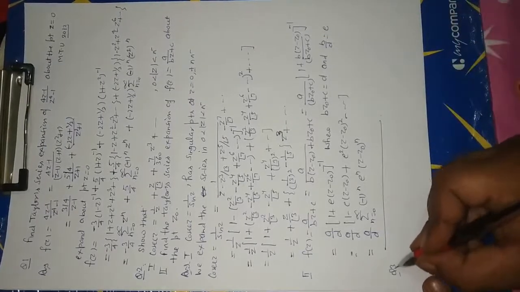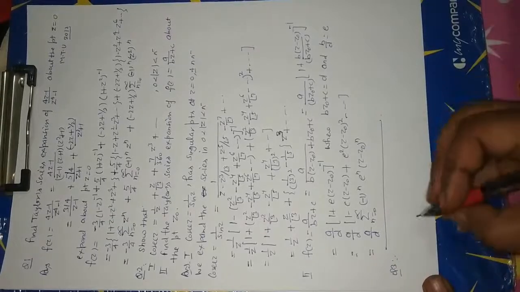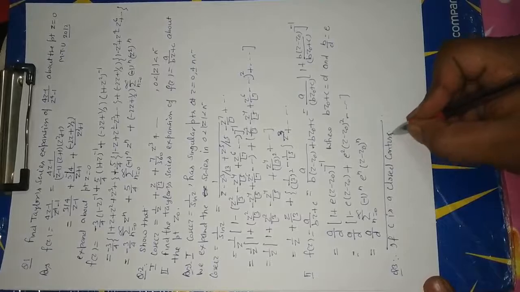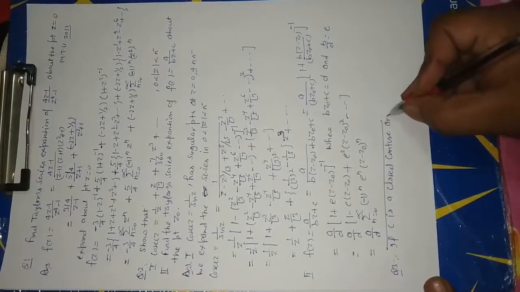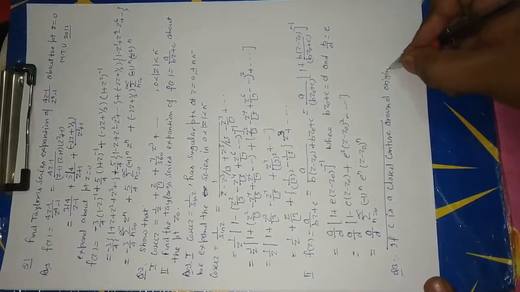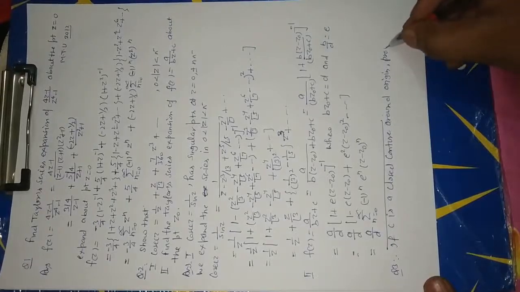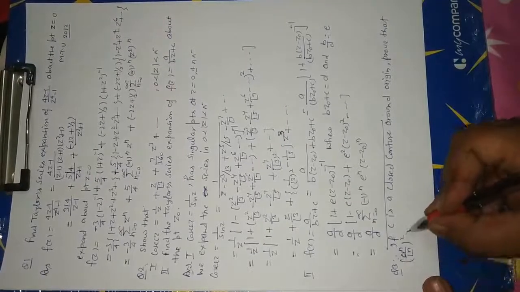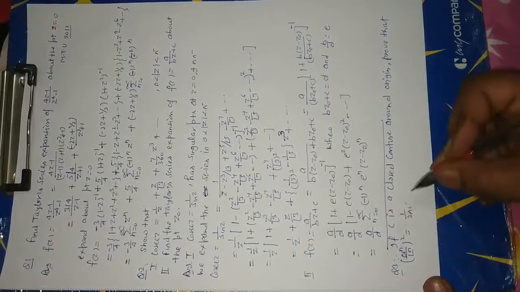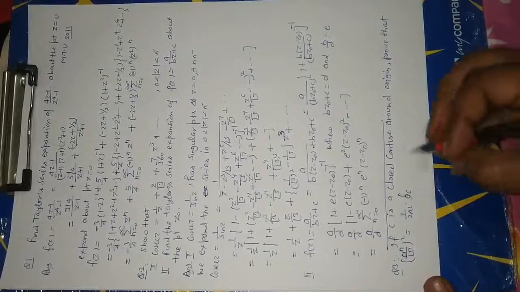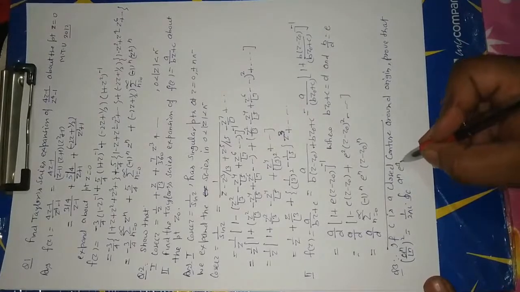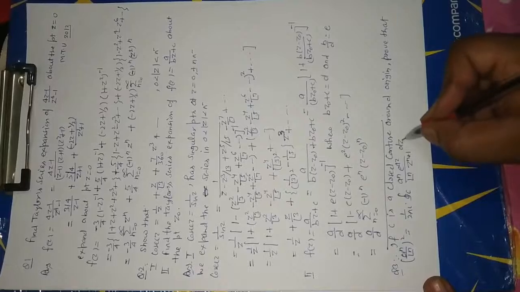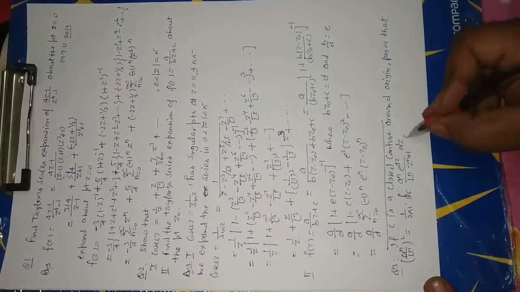Now question number 3. If C is a closed contour around origin, prove that a^n/(n!)² is equal to 1/(2πi) integration over the contour C a^n e^(az)/(n! z^(n+1)) dz.